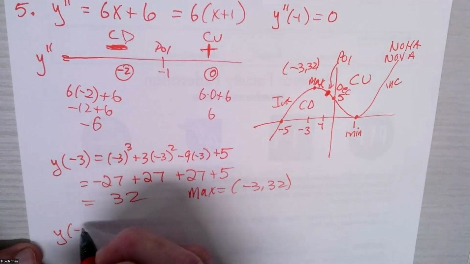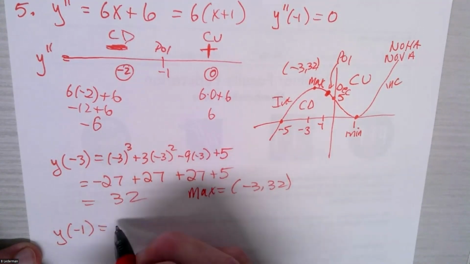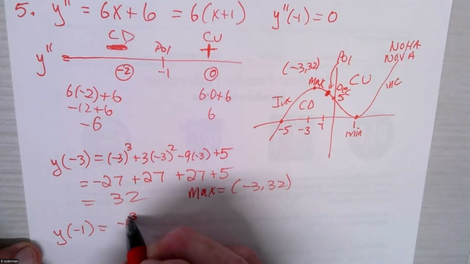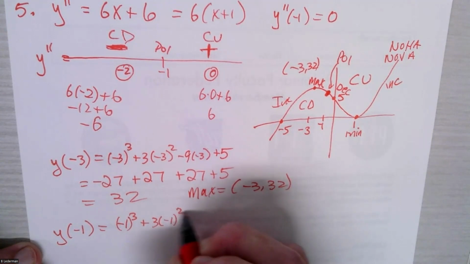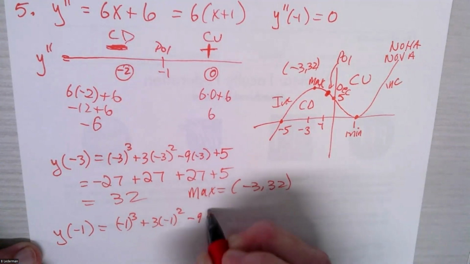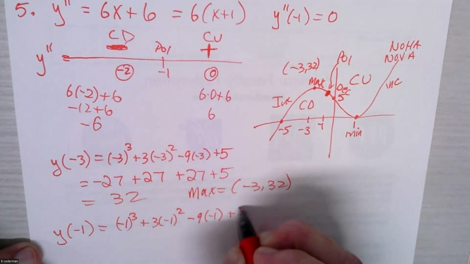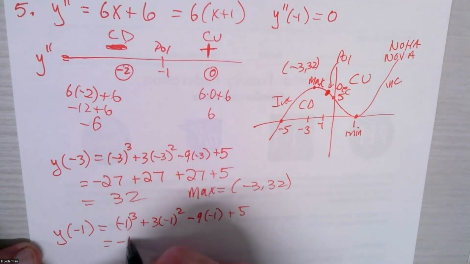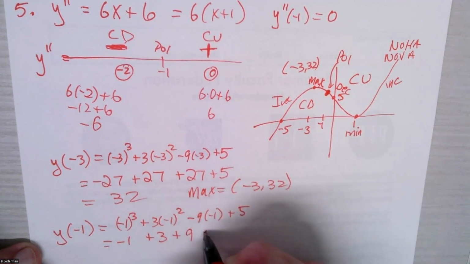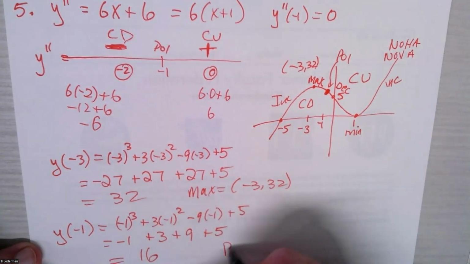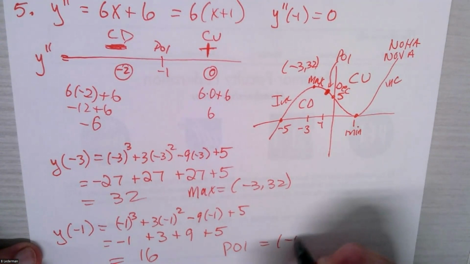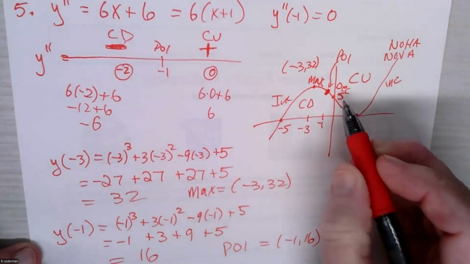So y of -1 is equal to -1 to the third plus 3 times -1 squared minus 9 times -1 plus 5, and that's going to be equal to -1 plus 3 plus 9 plus 5, and that is 16. So my point of inflection is going to be -1 comma 16.